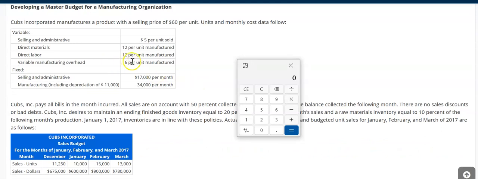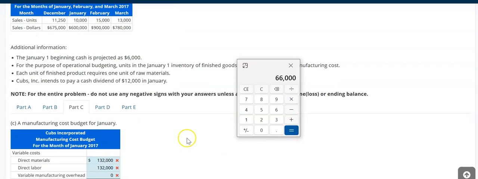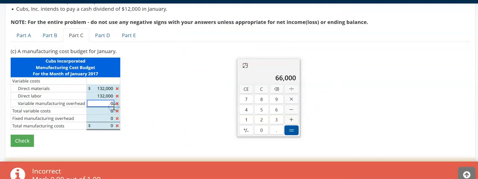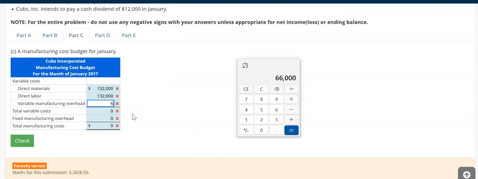And then just scrolling up here, this is based on 11,000 production units for the period. Let's see here. Variable manufacturing overhead is $6 per unit. So that's just 6 times the 11,000 units. So that's 66,000. All right.